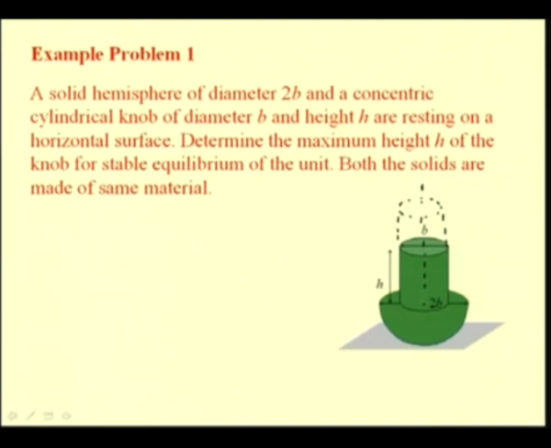This CG will keep rising, and for small disturbances, like if this entire unit is displaced like this, then it may not come back to its original equilibrium position and it may just fall off.